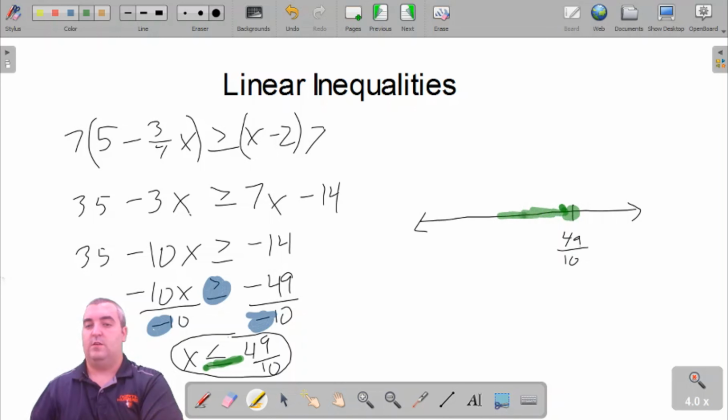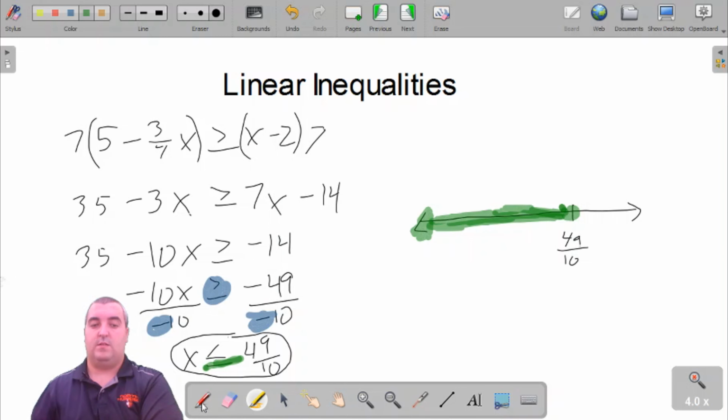So we're just going to shade this whole side and shade in the arrow, saying that it does go on forever. So if we were to substitute in any number less than 49 tenths, so if we were to substitute in 0, let's say, into the original, we would end up getting a true statement, right? 5, so this would be 0 is greater than or equal to negative 2. So that would work out. Okay.